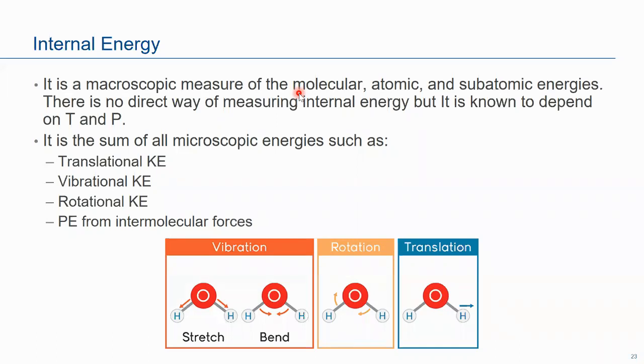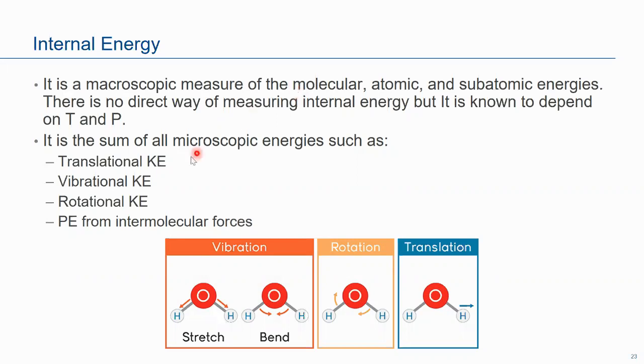So, sinasabi natin dito na it is known to depend on temperature and pressure. If you increase your temperature, for example, malamang tumataas, according to the kinetic molecular theory, yung galaw ng mga particles doon sa loob ng system. So therefore, internal energy will also increase.